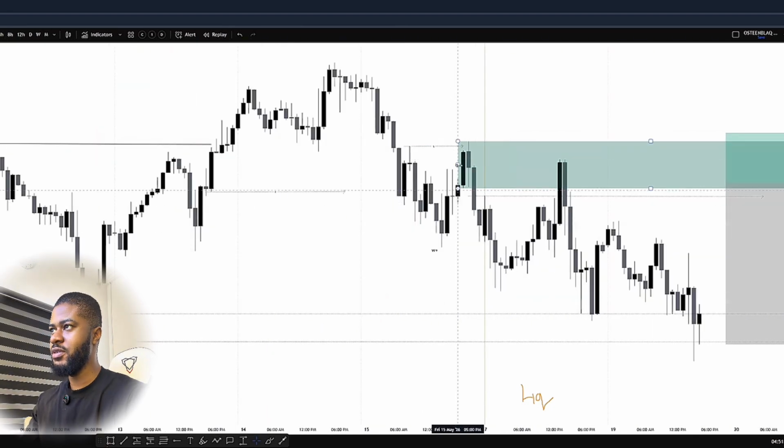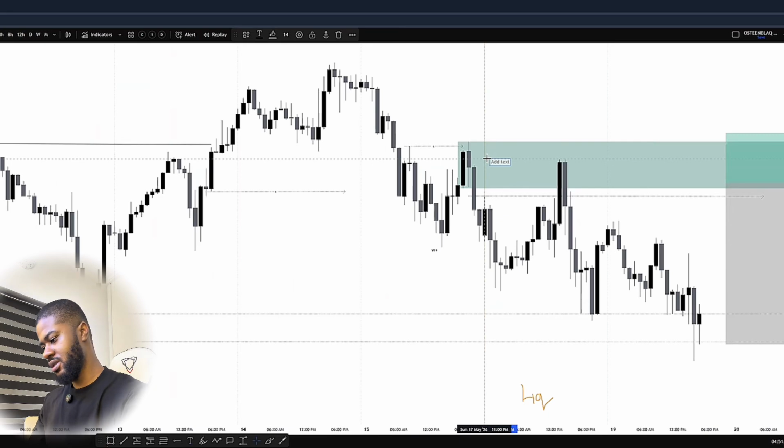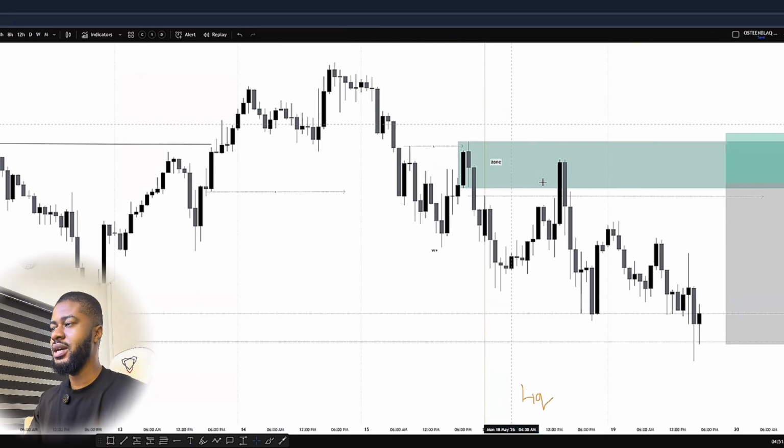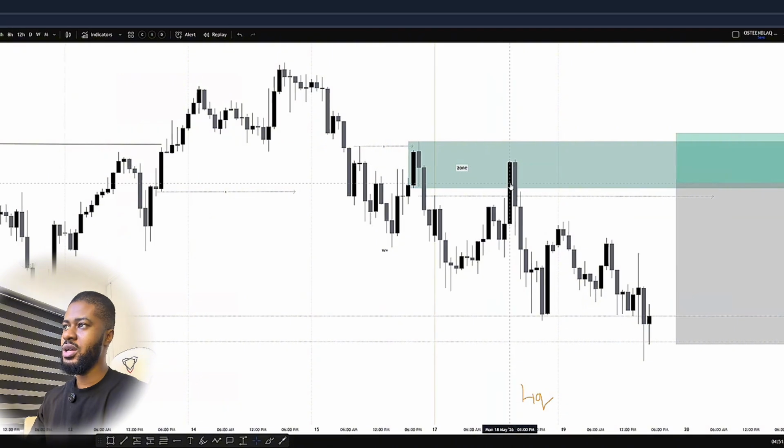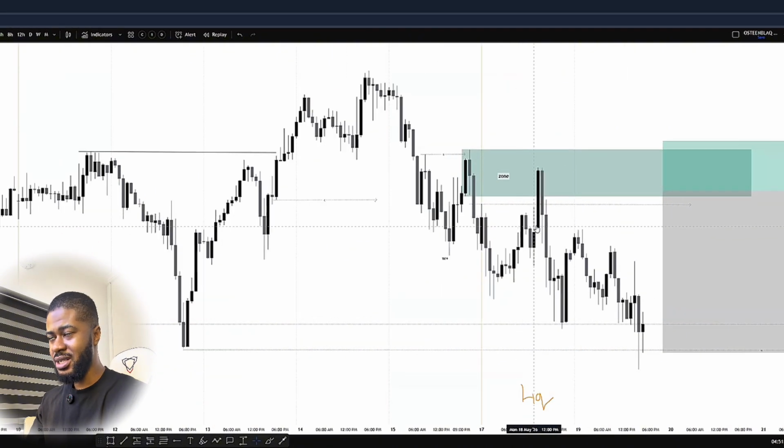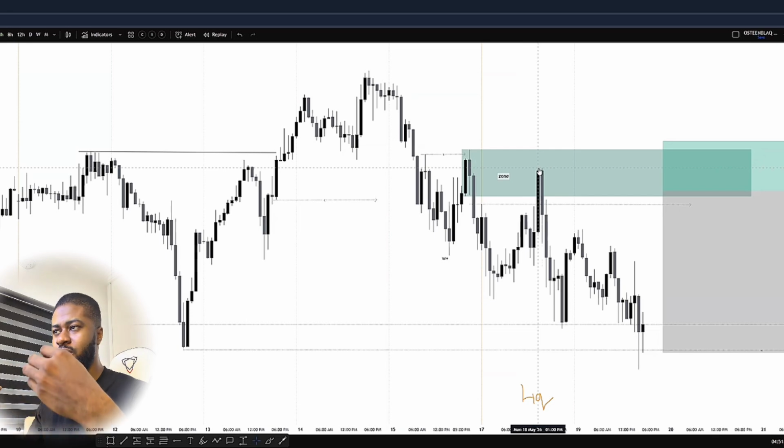All right, you can see we have a rally, we have a base, and we have a drop. So this is a very clean base. So since this is my zone, and price entered inside the zone, if I want to use 1 hour as my confirmation, the first candle opened as a very strong bullish candle. You can wait for reaction.